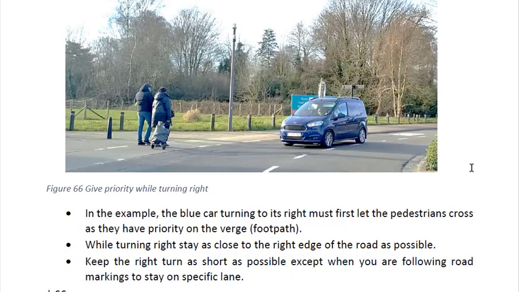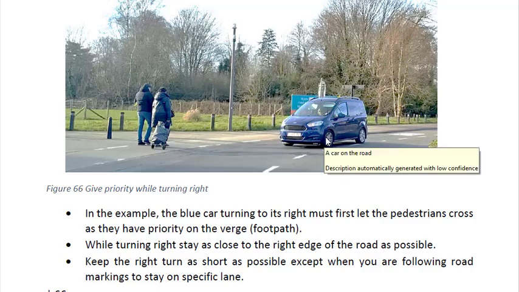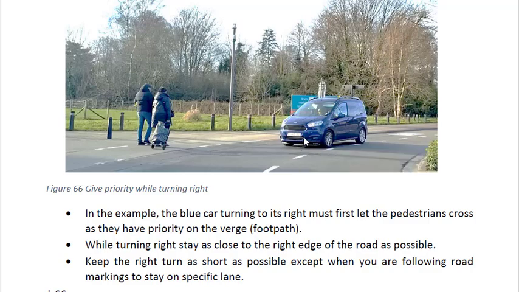Here's an example. In this photo, you can see that the blue car is trying to turn right, and there are pedestrians who are already using the elevated verge of the footpath, crossing the road. Now, if the car has to turn right, it must first wait because it is leaving its lane and entering the other lane, which is the footpath as well as the bicycle lane.